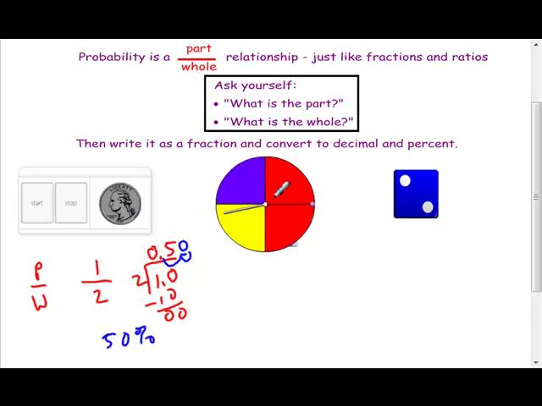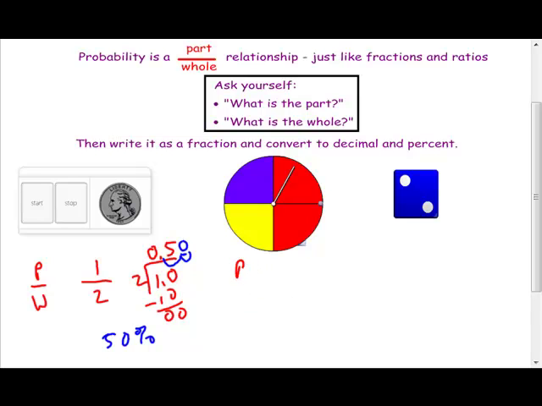Let's take a look at the next one. We have a spinner here. What is the likelihood that it will spin red? We'll spin it one time and see what happens, but it landed on yellow. So what is the likelihood, though, that it will land on red? Okay, we'll spin this a few more times. It happened, finally. We'll get into a lesson on theoretical versus experimental.